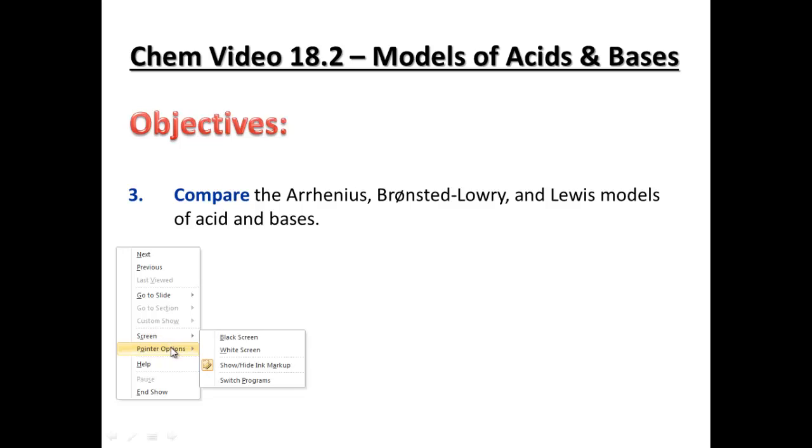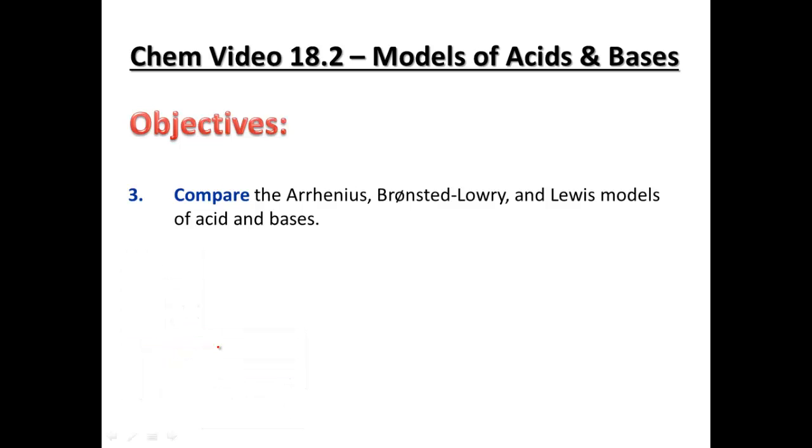Section 18.2 is going to look at our models of acids and bases. A model is just something that explains a concept at the molecular level. It's not completely correct, but it helps us come up with some visual ideas of what's happening.